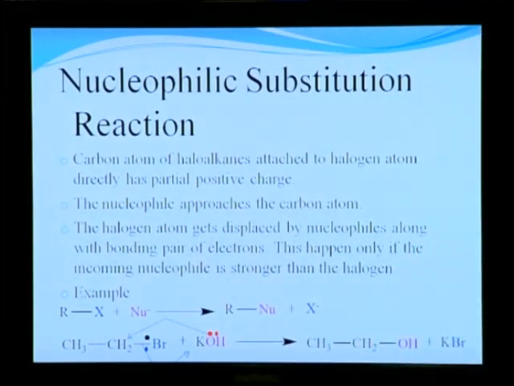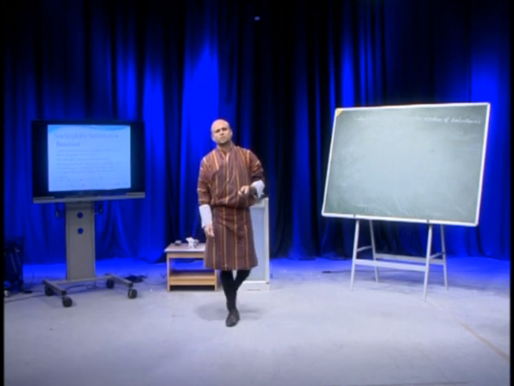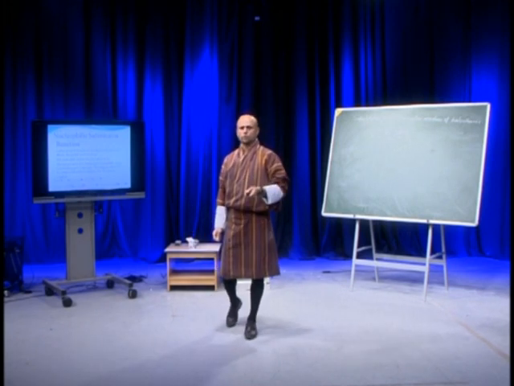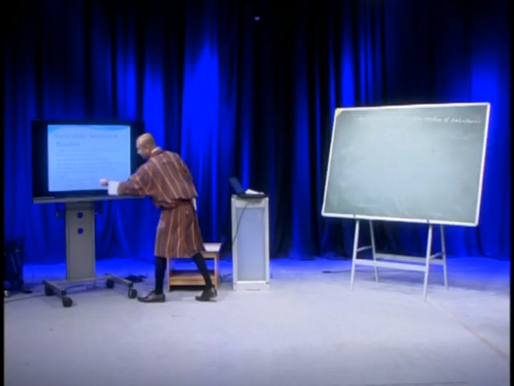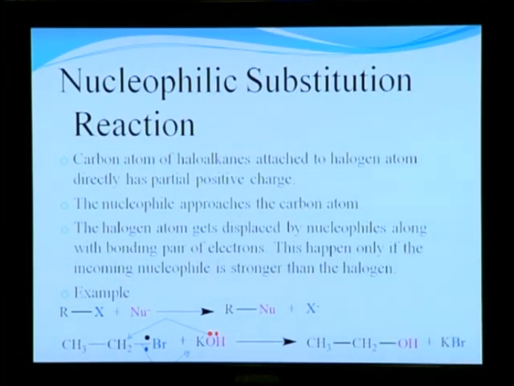Now, I want to talk a little bit about the nucleophile. What is a nucleophile? Nucleophiles are any chemical species which is rich in electrons. So it will always attack the site where there are fewer electrons, which bears a positive charge. As you can see, as it attacks the carbon which bears a positive charge, the halogen will be eliminated from here.